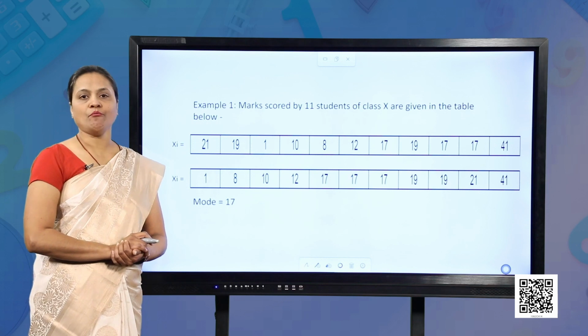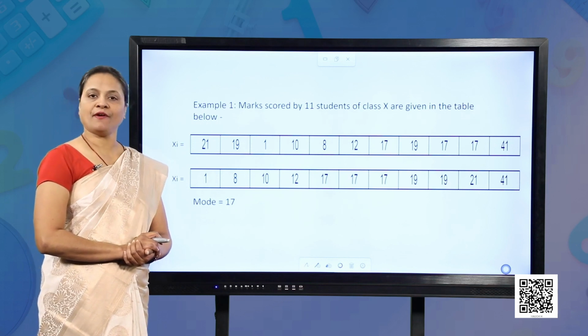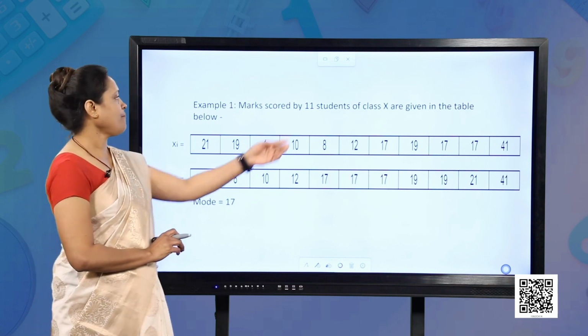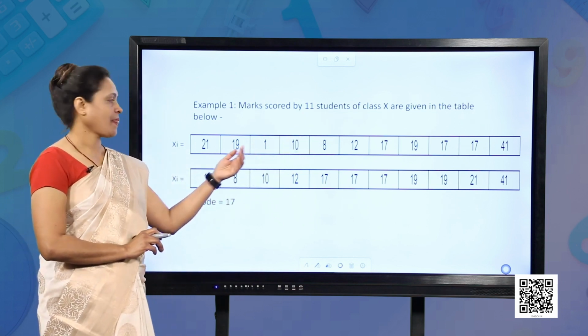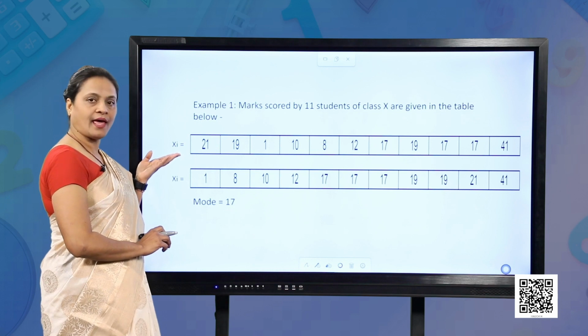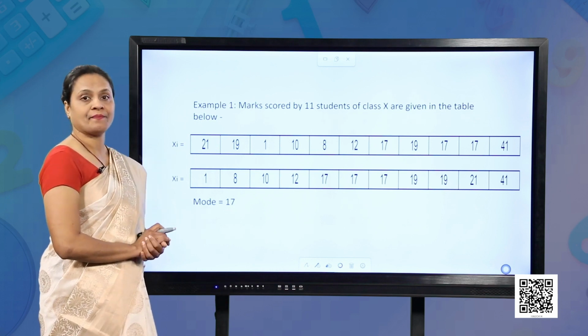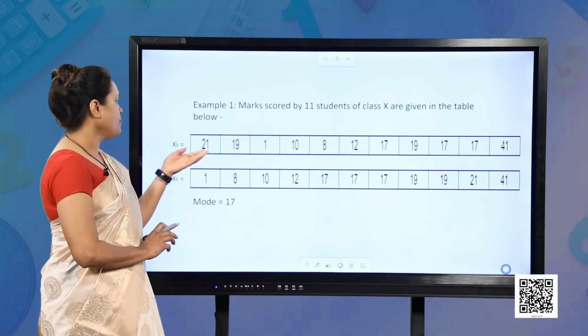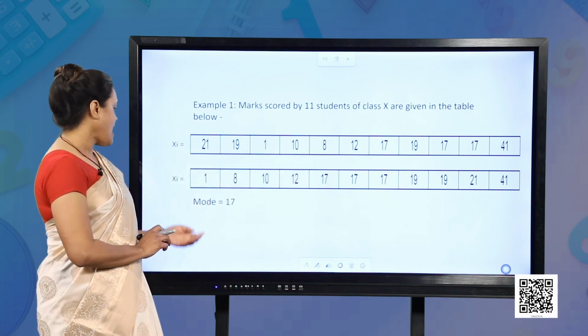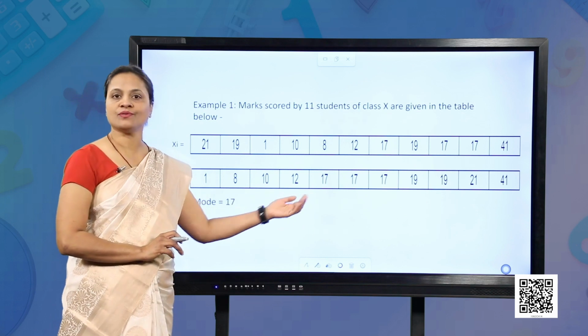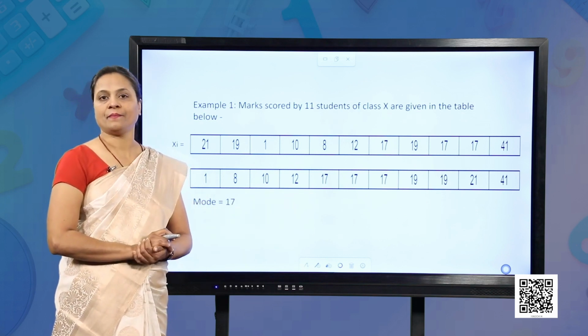To understand mode, let me first take raw data of 11 students scoring marks in a test. I have represented it through xi. To find the mode of this data, I will arrange these values in ascending order.